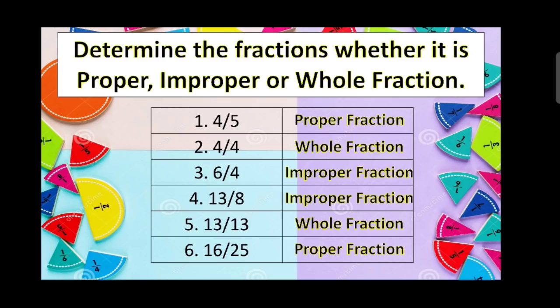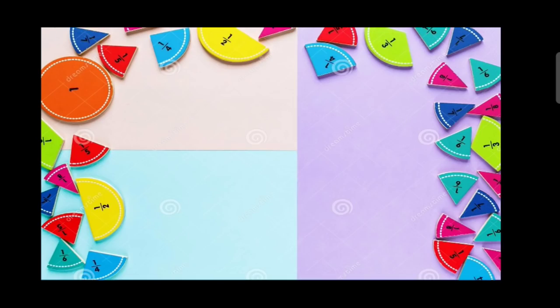So, yan lang po yung sa may proper, improper, and whole fraction. Tatandaan natin kapag proper, it is a fraction where the numerator is less than the denominator. Kapag improper fraction, it is a fraction where the numerator is greater than denominator, and whole fraction, the numerator and denominator are the same. Okay, next.